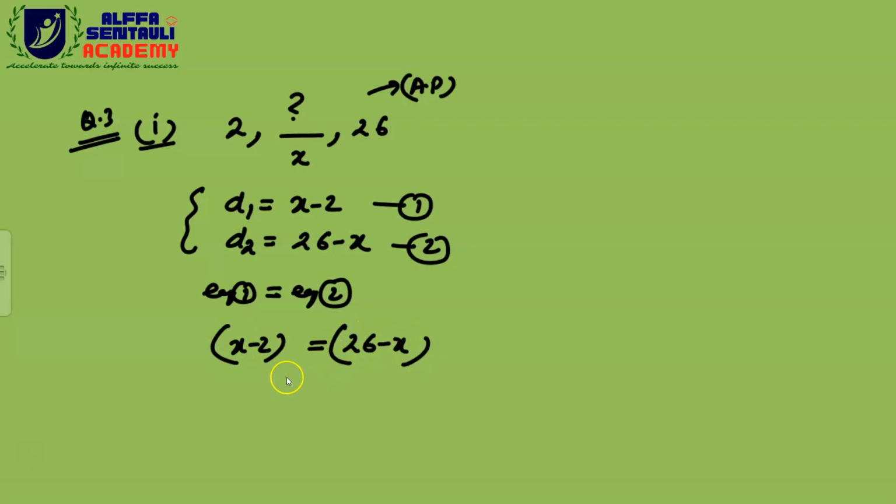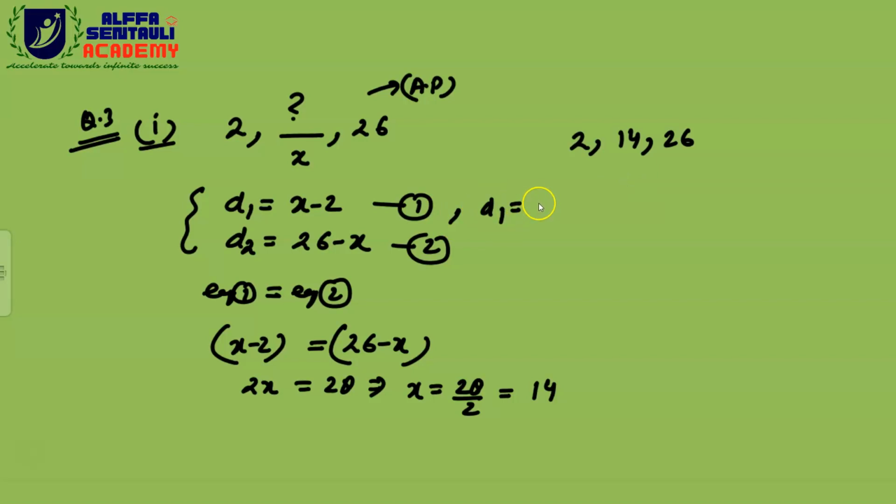Correct or not? So let us bring minus x to this side, so this becomes 2x, minus 2 to this side, so this will become 28. If you solve, you will get x is equal to 28 by 2, and you will get what? 14. So the missing term here will be 14. So this series should be 2, 14 and then 26. Now can you guess the value of the common difference? d1 is equal to what? 14 minus 2, which is 12.